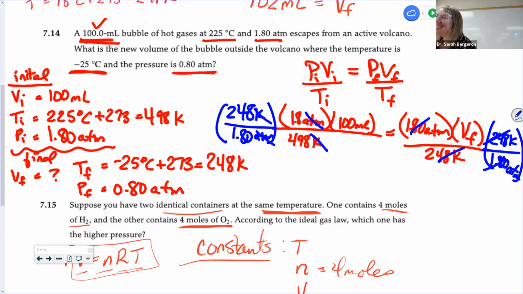Go for it. 108.4. Anybody else get that one? I got 112. Okay, so I got 112. What are my units? I'm left in milliliters. It's equal to VF. Okay, good.